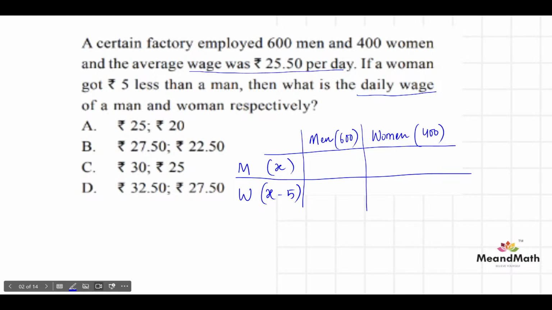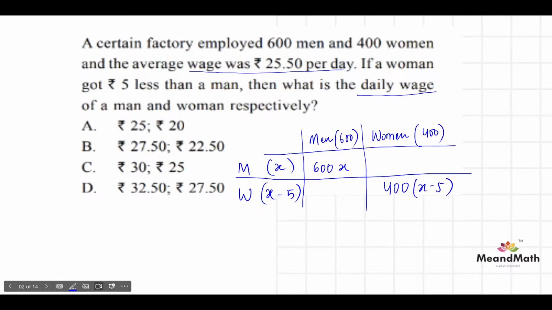If we multiply 600 times X, the wage is X, so we get 600X. This is the portion that goes to men, and for women it would be 400 times X minus 5, because they are getting less.